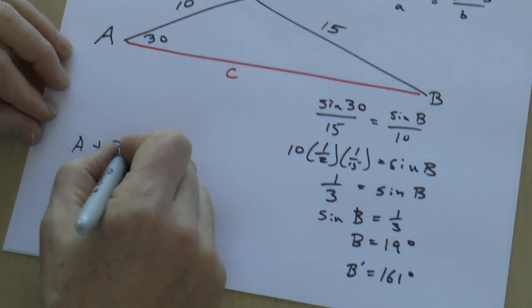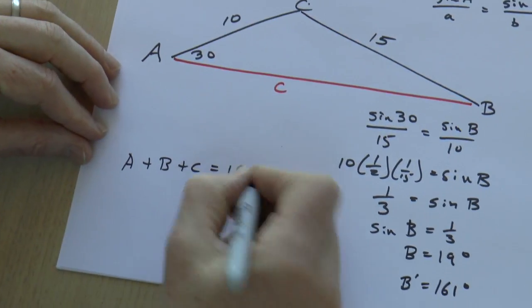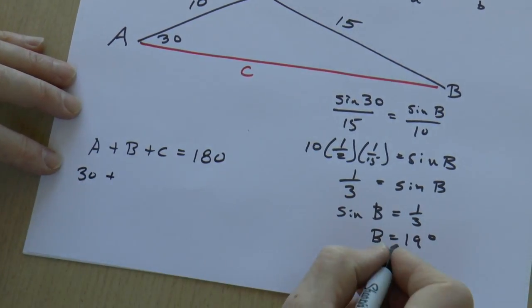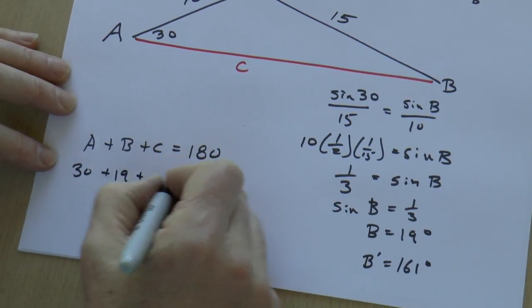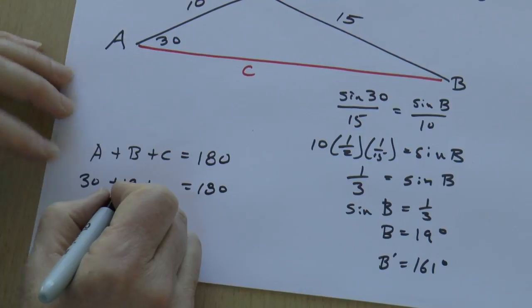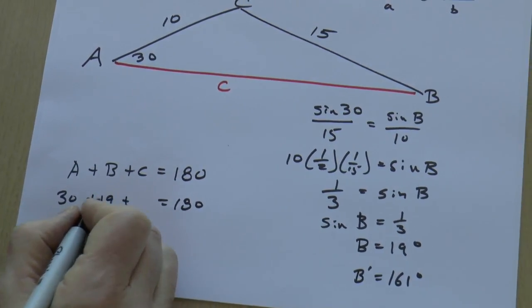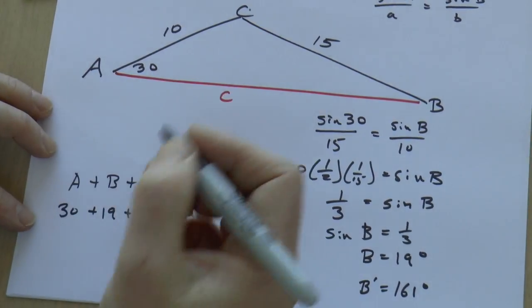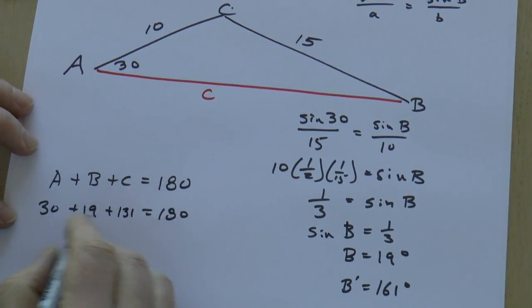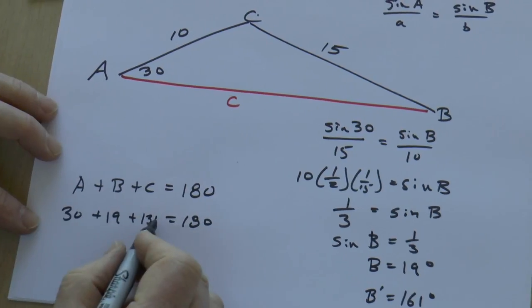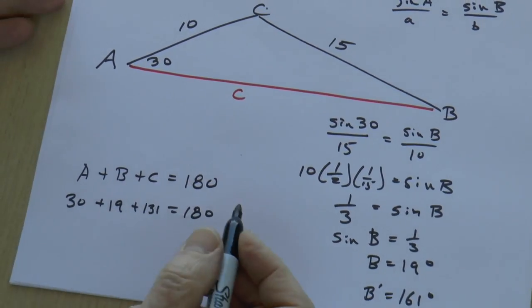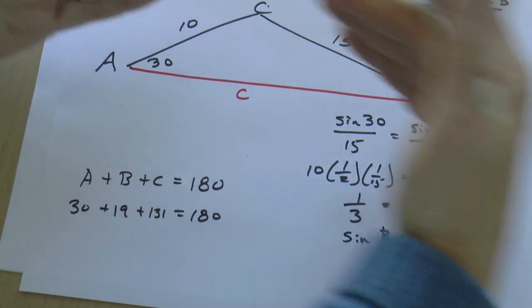A plus B plus C equals 180. First one, A is 30 plus 19. And we have to have some number here to get 180. This is 49. Add 1 to get 50. And then you need 130. So 131 should work out. That gives us 50. Yep. Okay, so C is 131. That's a reasonable number. C is clearly obtuse.